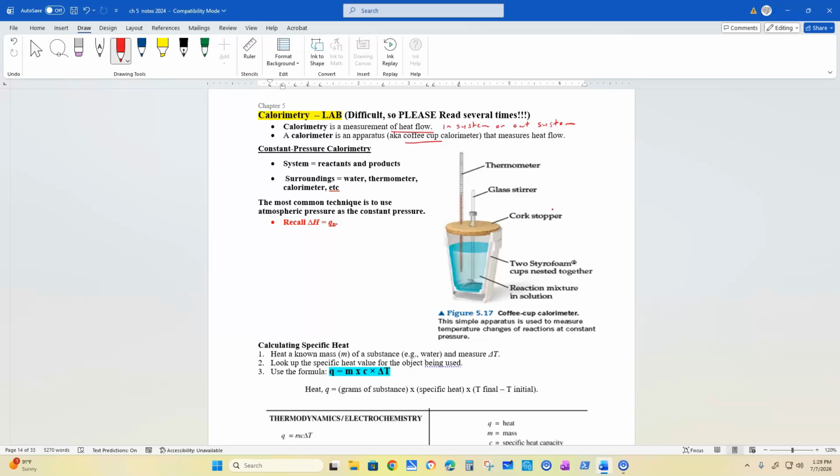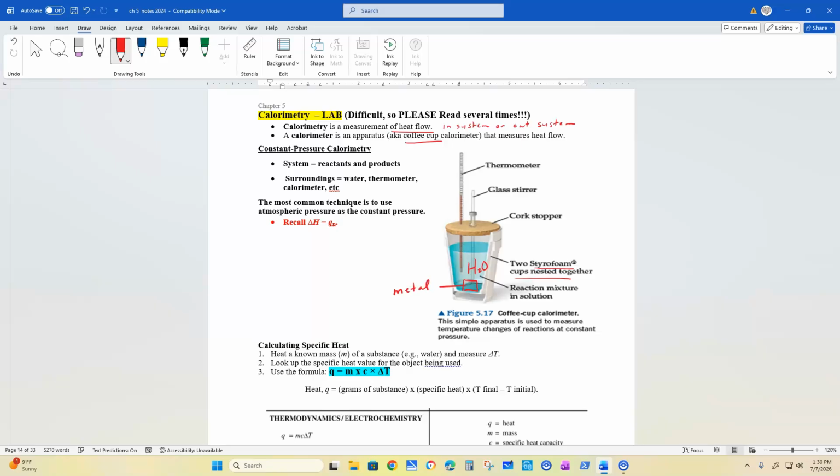There's a couple things that you need with this. You need styrofoam cups, and we usually use 2 of them, nested together. They're just stacked on top of each other. You have your water, and you have your thermometer sitting in there. The very first thing we're going to do is put in a piece of metal.